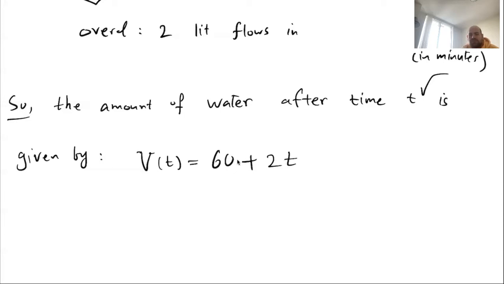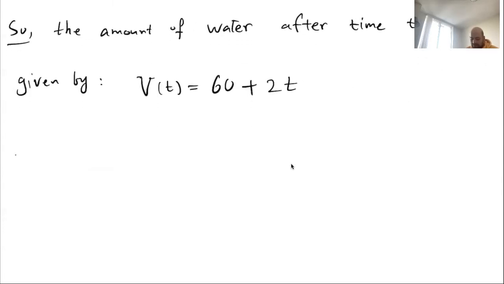Initially, at t equals 0, it's 60. At t equals 1 minute, 60 plus 2, or 62. At t equals 2, 60 plus 4, or 64, and so on. After t minutes, the amount of water will be 60 plus 2t. Therefore, the tank will be full.